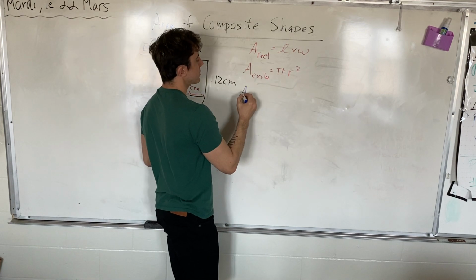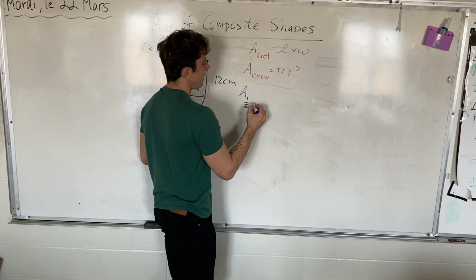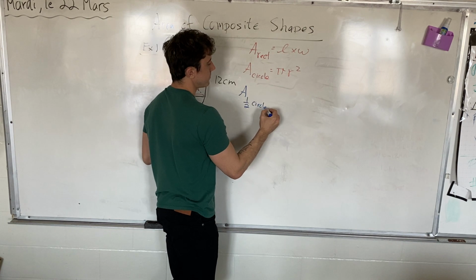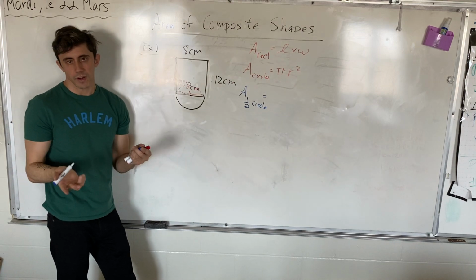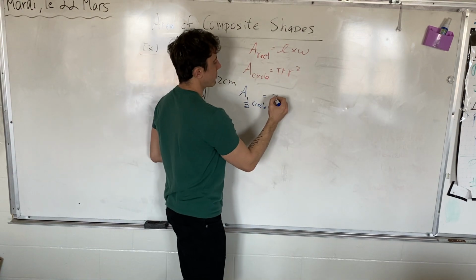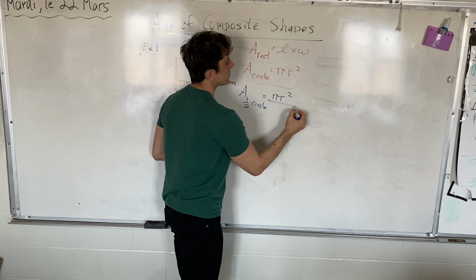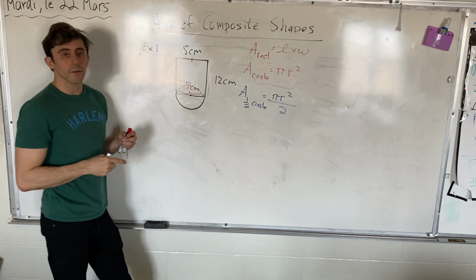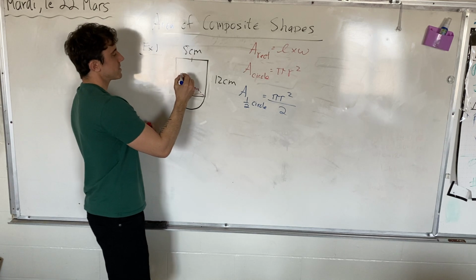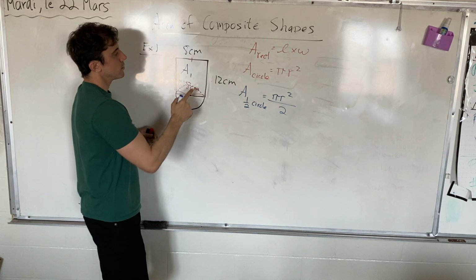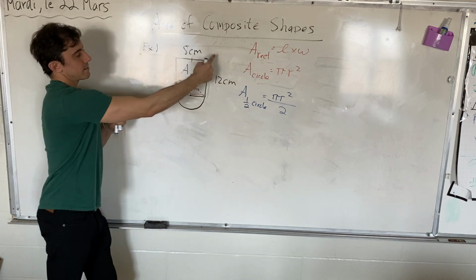So if we want, we can write that the area of half a circle will simply be the area of a full circle divided by 2, 1/2. And so we'll have pi r squared divided by 2, okay, or 1/2. Now, the first part, let's call this area 1, will be the area of a rectangle, which is length times width.